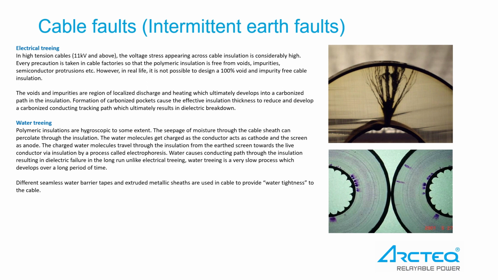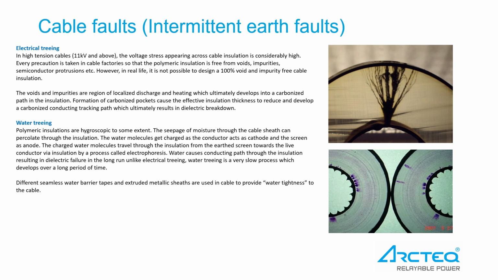The voids and impurities are a region of localized discharge and heating which ultimately develops into a carbonized path in the insulation. Formation of a carbonized pocket causes the effective insulation thickness to reduce and develops a carbonized conducting tracking path, which ultimately results in a dielectric breakdown.